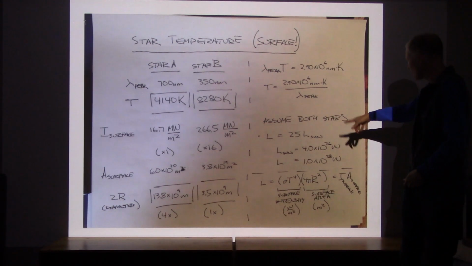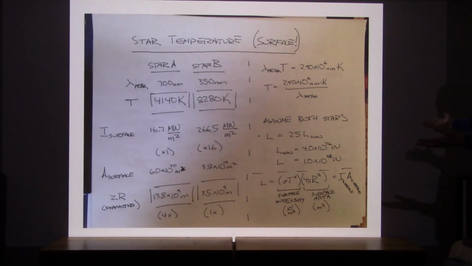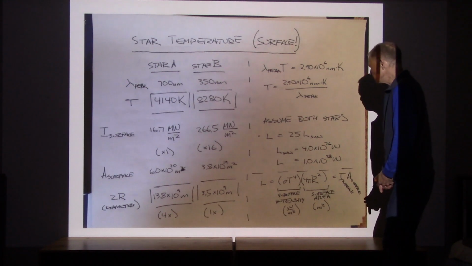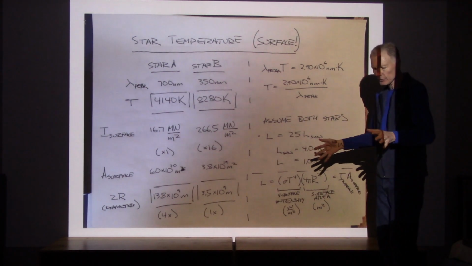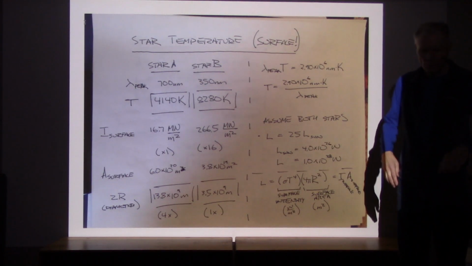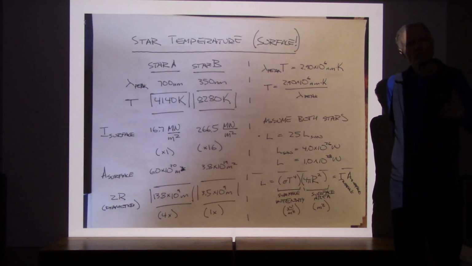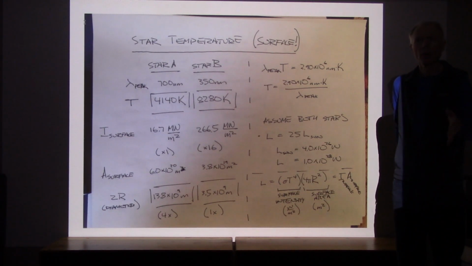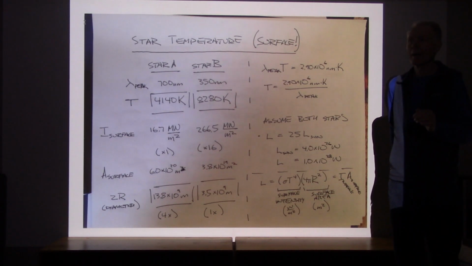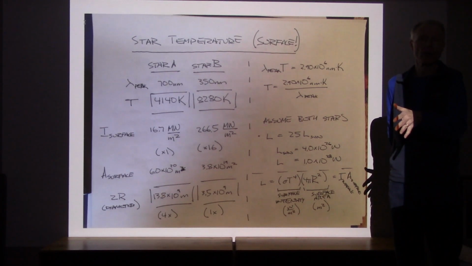So again, I've got the luminosity or the power output of the sun listed, and then the power output for these particular stars. Now, here's a relationship that we can write down. Now, we already talked about luminosity, and we said that what determines the luminosity of the star is how rapid the fusion reactions are taking place, and that's typically related to the mass of the star and how long the star has been shining.